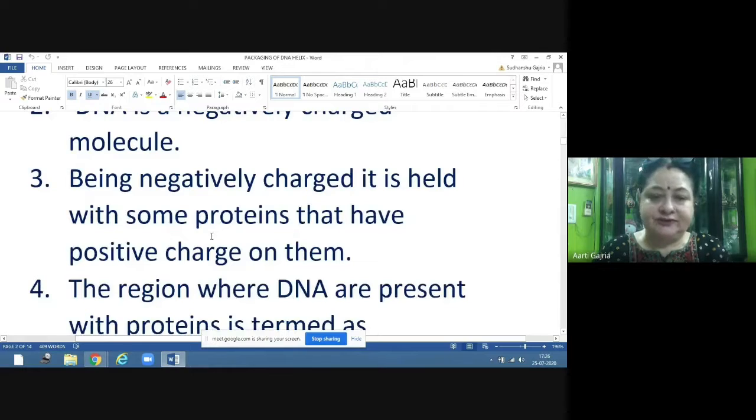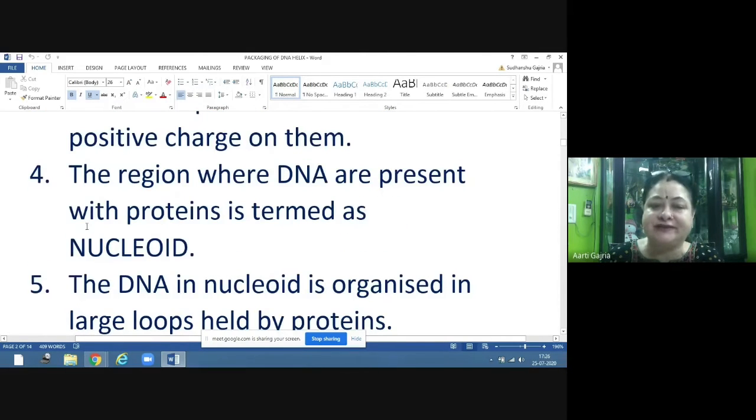Proteins that have a positive charge are together with this negatively charged DNA. The region where DNA is present with proteins is termed the nucleoid. So the region where DNA is present in a prokaryotic cell is called the nucleoid.